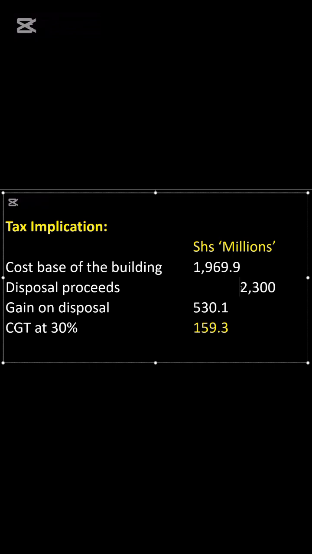So, if you get the cost of the building, you compare it with the disposal proceeds. What you get is a gain on disposal.